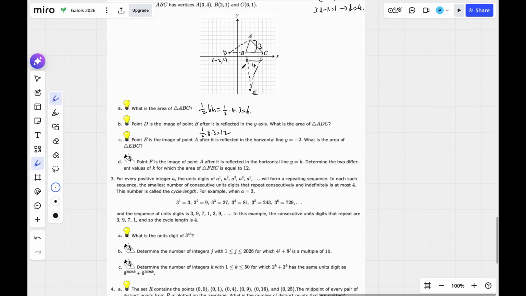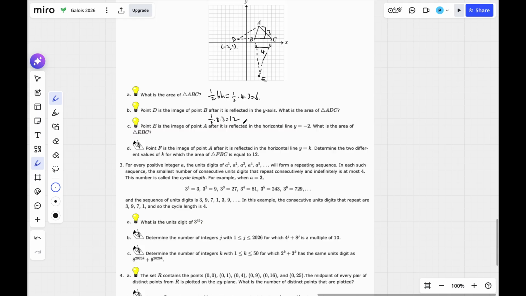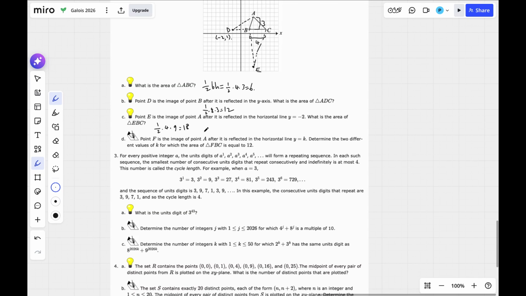And so since we're reflecting in y equals -2, then we see that E must be (3, -8). So now when we calculate the area, we have half times base, which is still 4, times height, which is 9. And so this area will be 18.